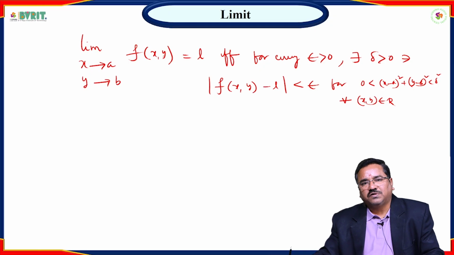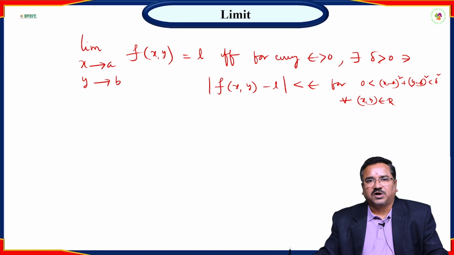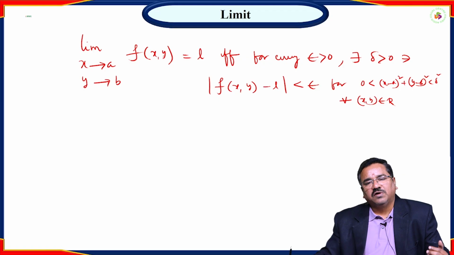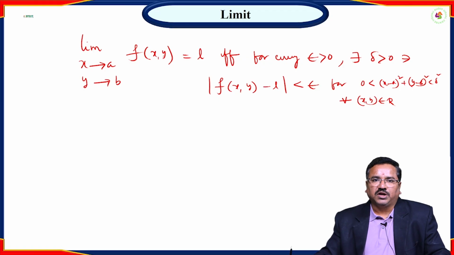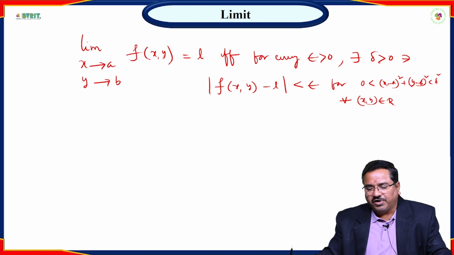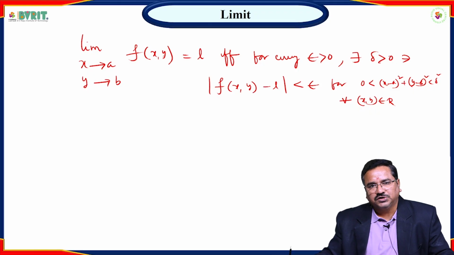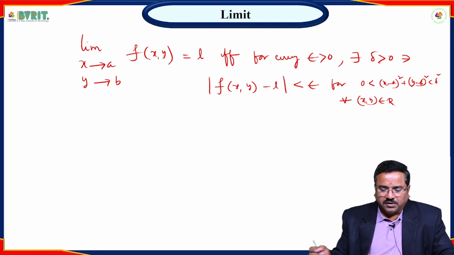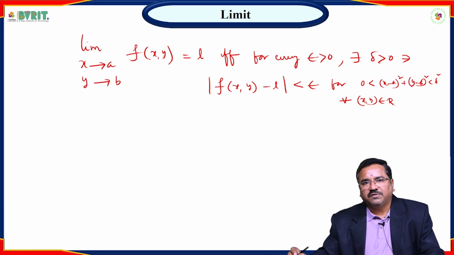Most of the students feel difficulty proving by the epsilon definition. So I will give an easy way to compute the limit of a function of two variables at the origin and other than the origin. First we will define, then compute the limit of the function at the origin. Generally, most of the time they will ask how to find the limit at the origin or the limit other than the origin.